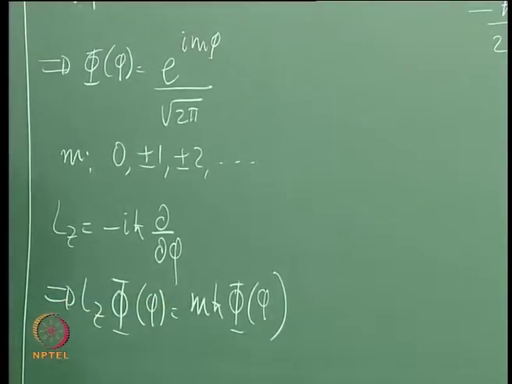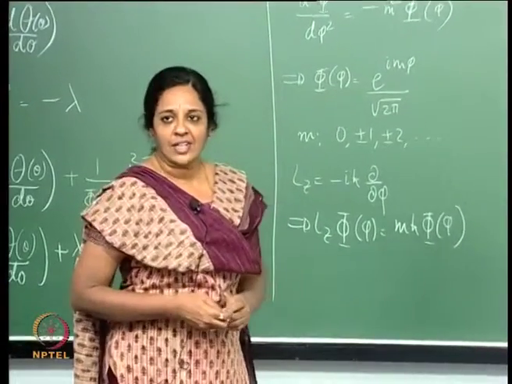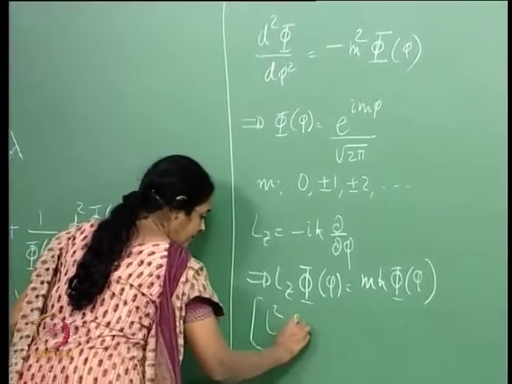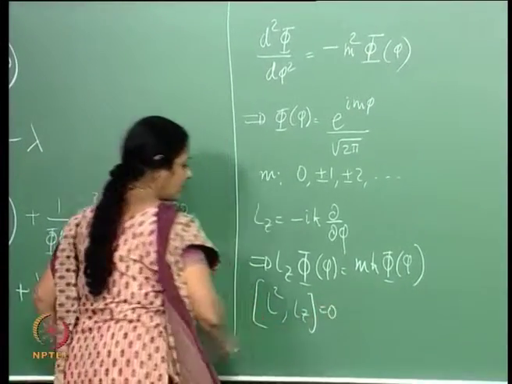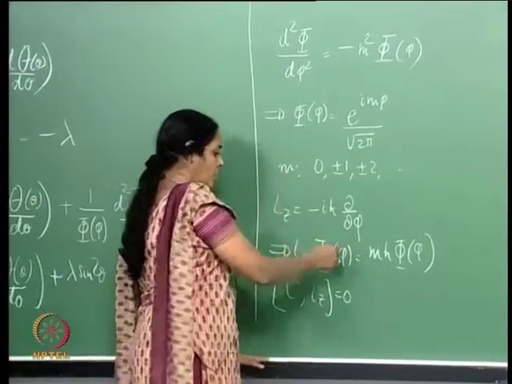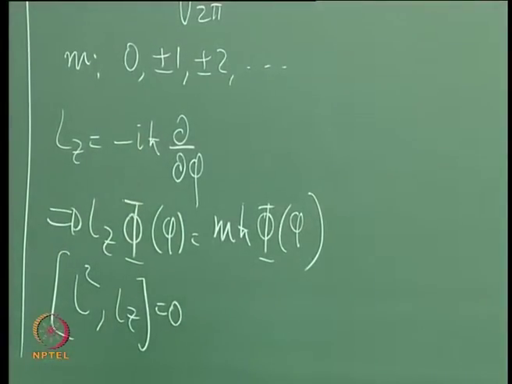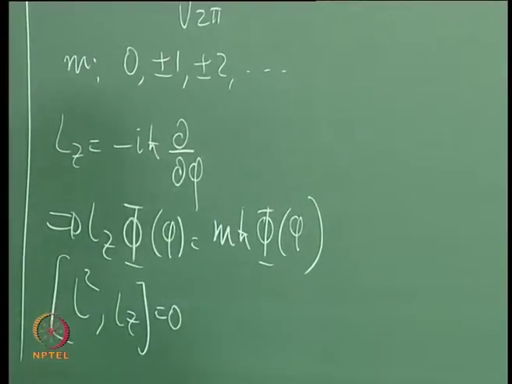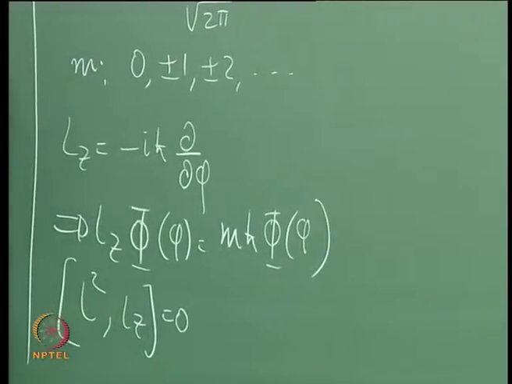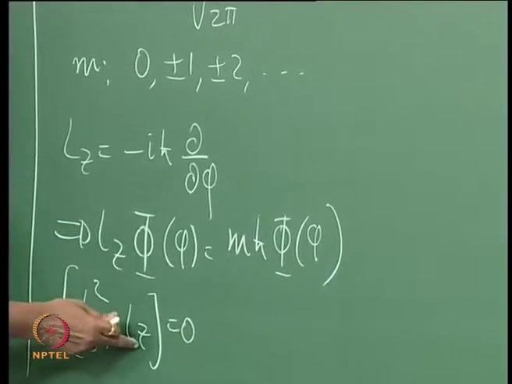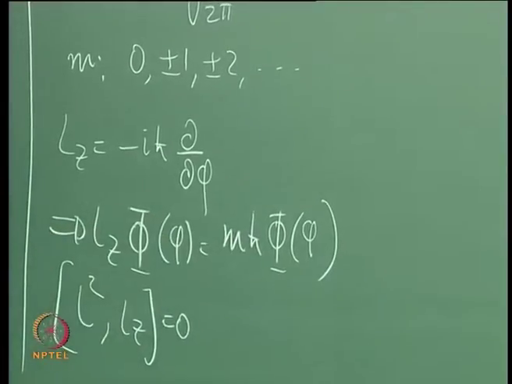Not surprising that phi of phi is an eigenstate of Lz as well, because L squared and Lz commute with each other, and therefore, this object phi of phi here is a common eigenstate of L squared and Lz. The eigenvalue corresponding to Lz would be m h cross.